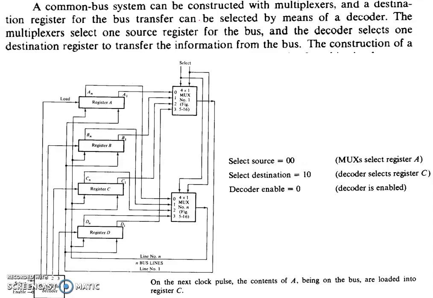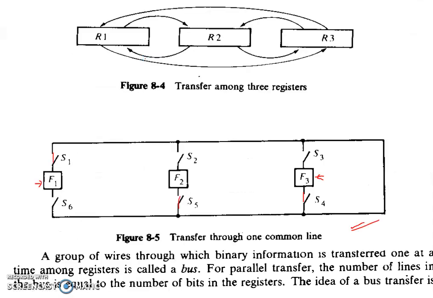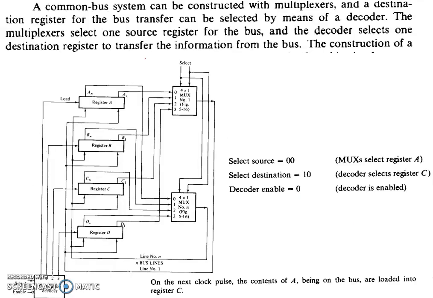Here a decoder is being used, and the decoder helps in selecting the target register, that is, placing the data into the destination register. So the source register can be chosen with the help of the multiplexer, and the destination register to which the value needs to be loaded can be decided with the help of the destination decoder.